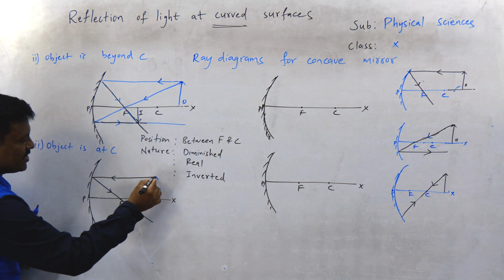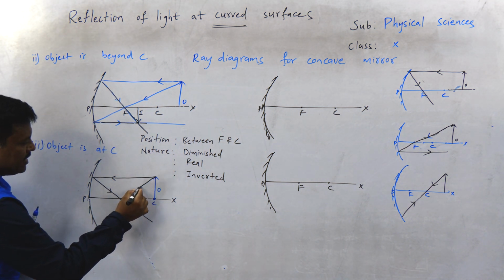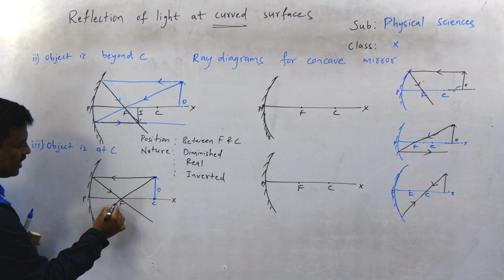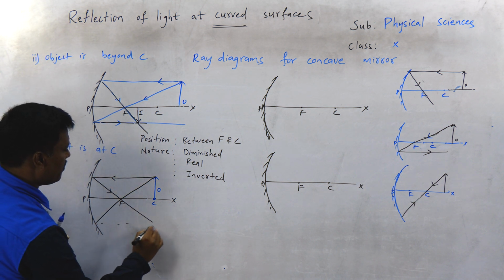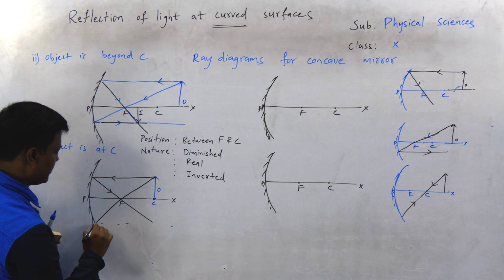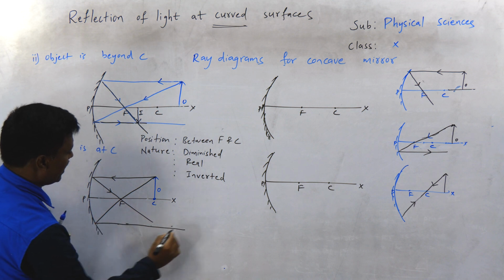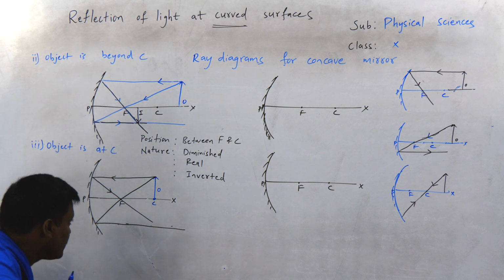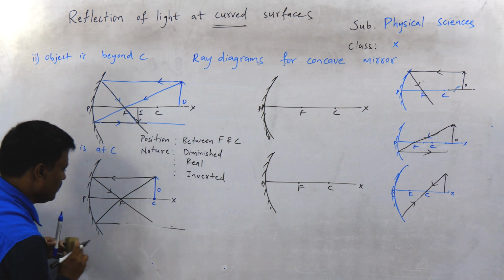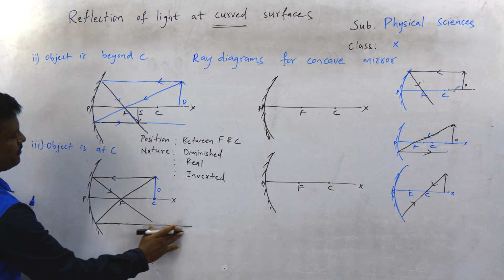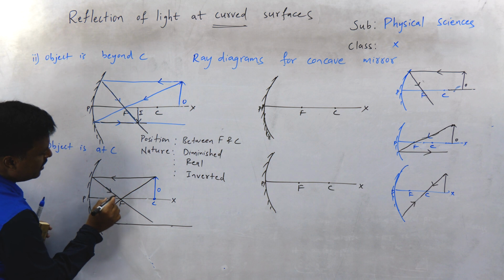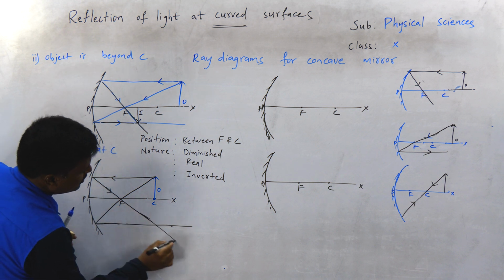So this ray passes through focus, then after reflection passes parallel to the principal axis, a little bending down.